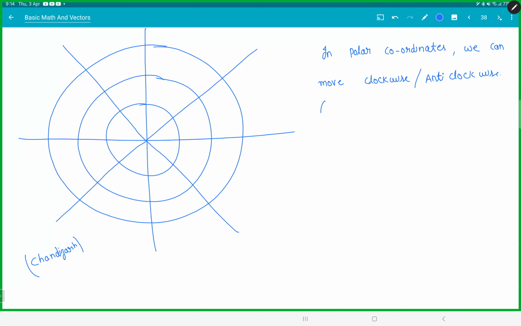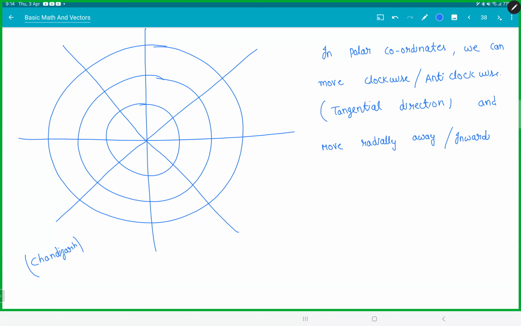This is called the tangential direction. You can move clockwise or anti-clockwise on a circle. And we can also move radially away and radially inward. I'll tell you how it looks.